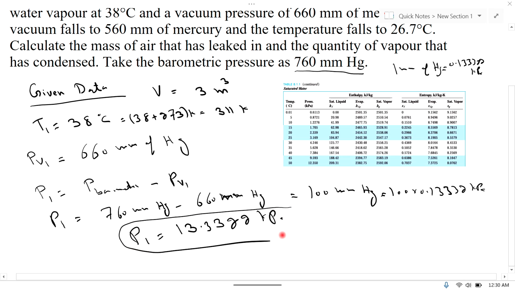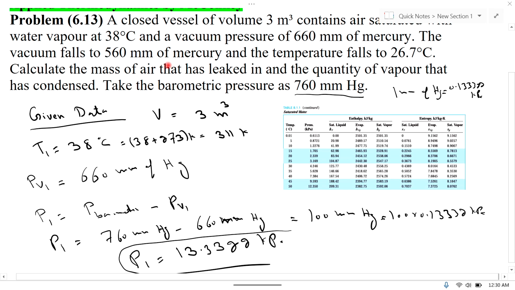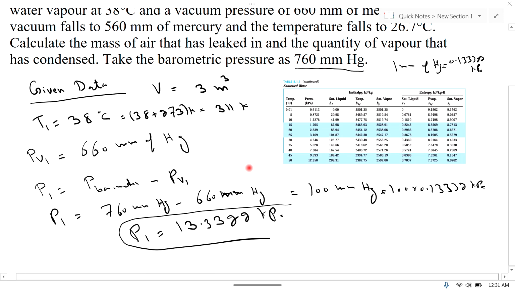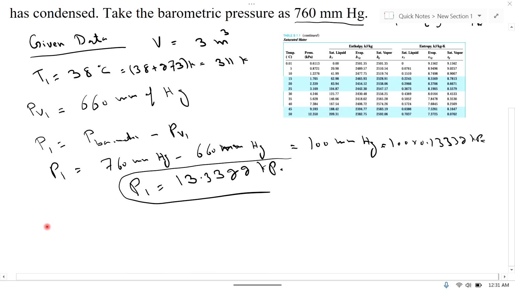Now the temperature falls to 26.7 degrees centigrade. The vacuum falls to 560 millimeter of mercury. So PV2, the final vacuum pressure, is equal to 560 millimeter of Hg.